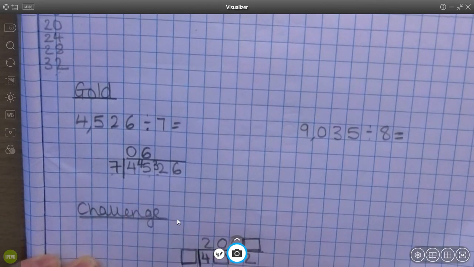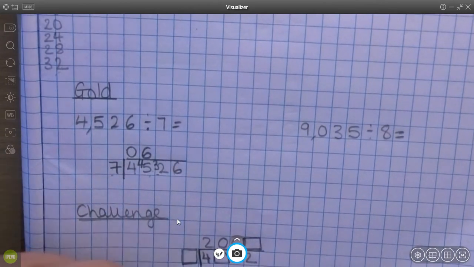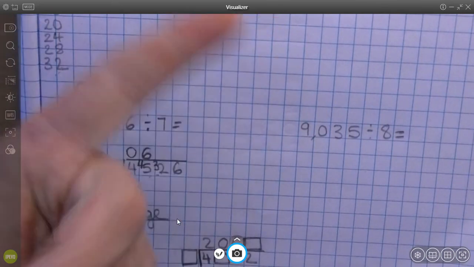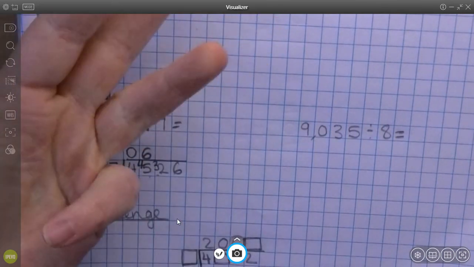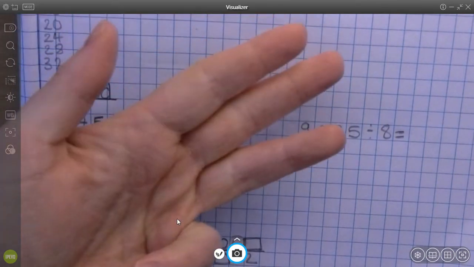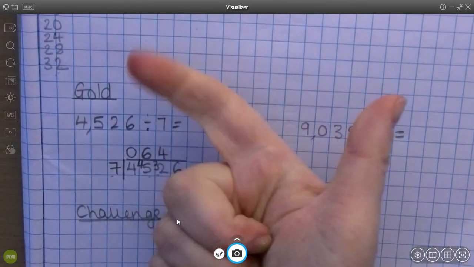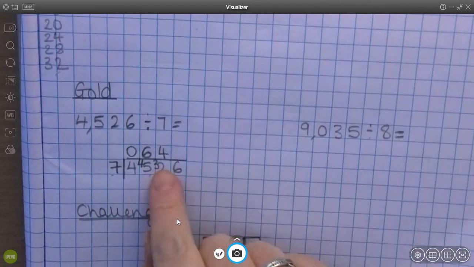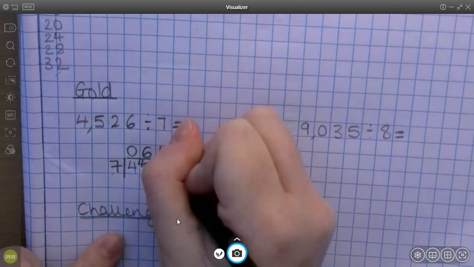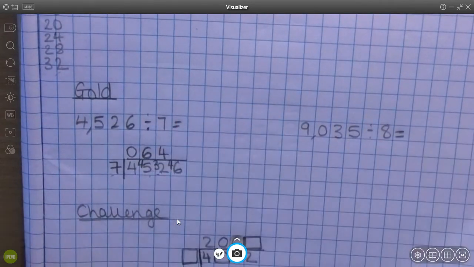7's into 32. Let's count up again. 7, 14, 21, 28. So 4 times 7 is 28. 29, 30, 31, 32. I have 4 left over. So I'm going to regroup my 4.